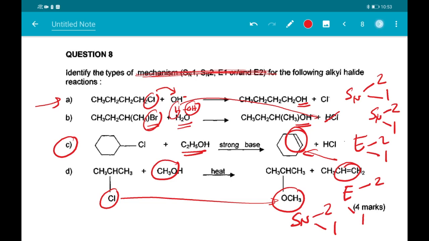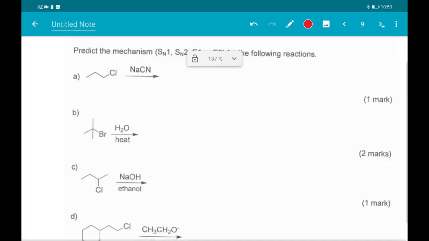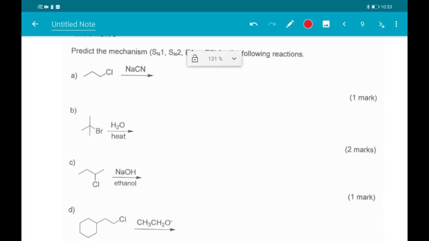The issue will arise when we are dealing with this one. As you can see here, we are given the starting material and also the reactant. Okay, however, there is no product. Therefore, the challenge here is how we determine which mechanism it undergoes.